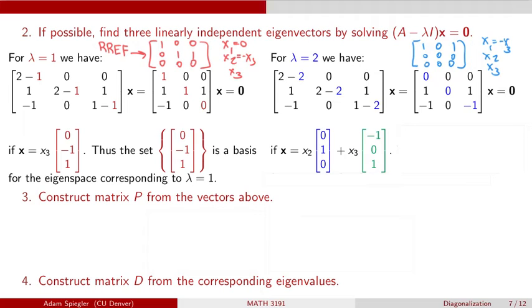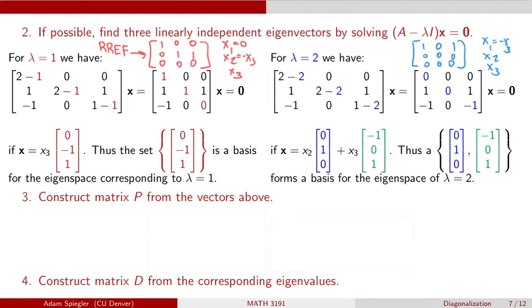And so considering this solution set, now we have a basis for the eigenspace for the eigenvalue lambda equals 2. Namely, a basis for this eigenspace is spanned by two vectors, the vector 0, 1, 0 and the vector minus 1, 0, 1 would do the trick. So here we've got a basis for the eigenspace of lambda equals 2.